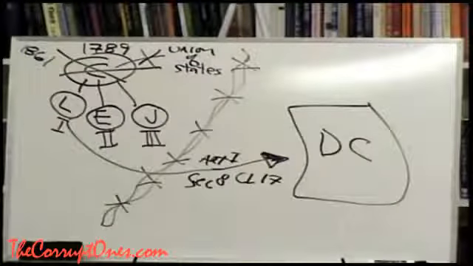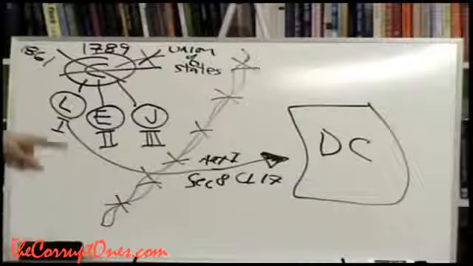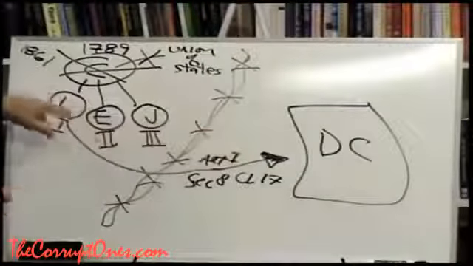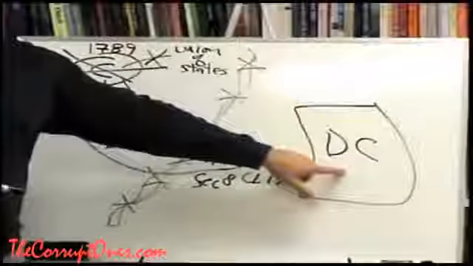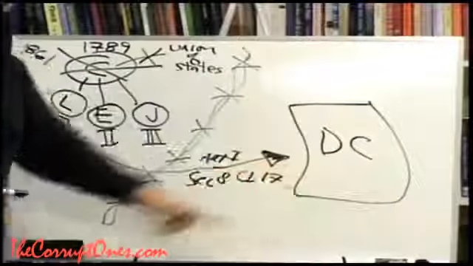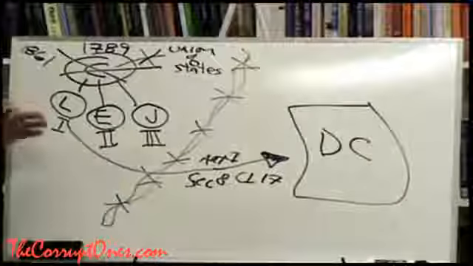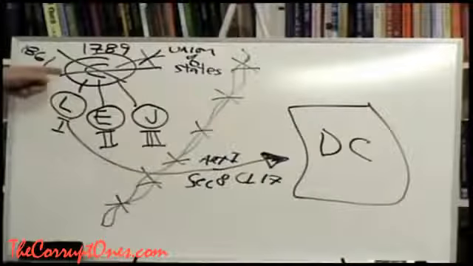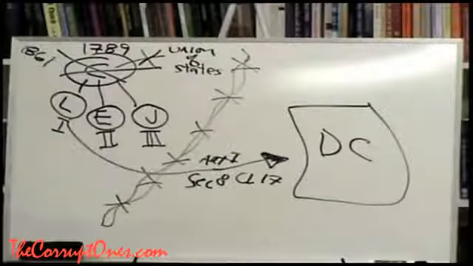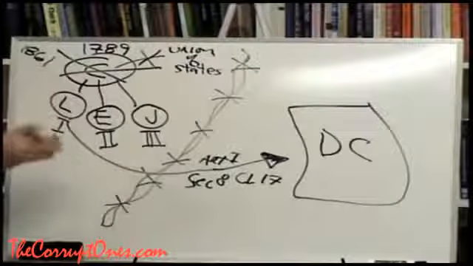But it says that the legislature shall have the complete authority over such district not exceeding 10 miles square. Here we are. This is what the legislature has complete authority over. Complete. Well, remember, the Constitution's gone, the federal government's gone. It's gone. But they're pretending.